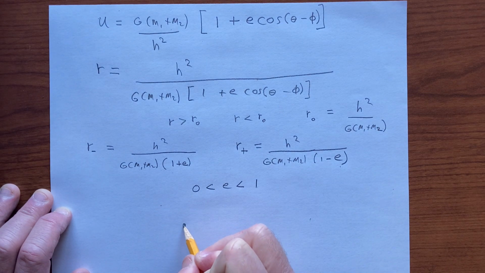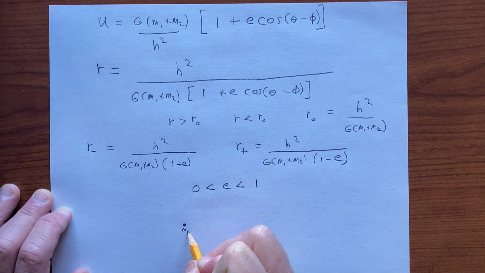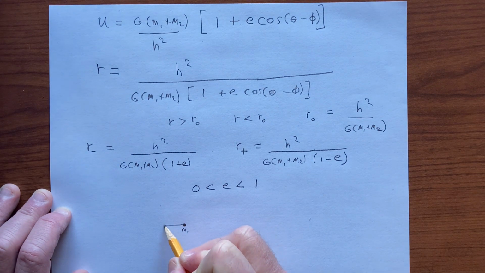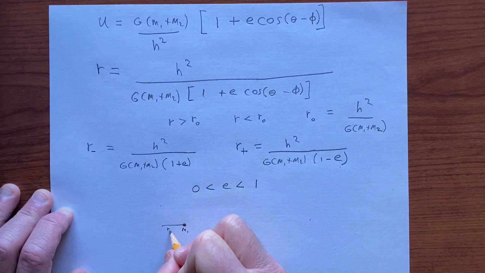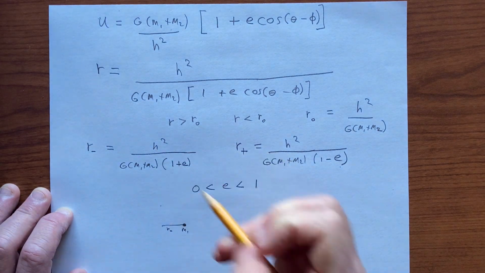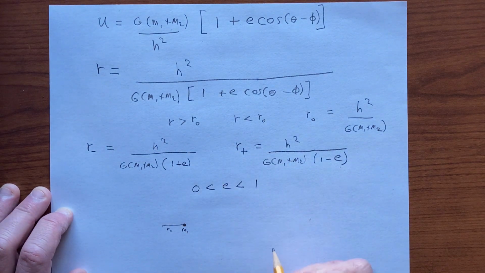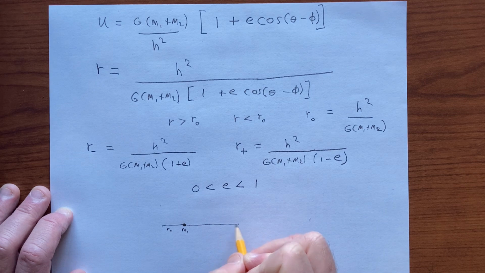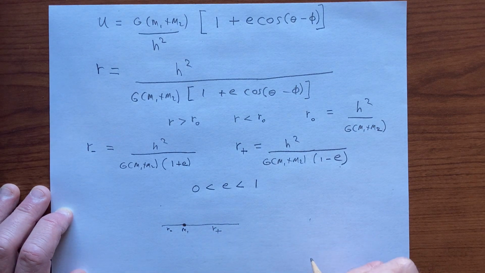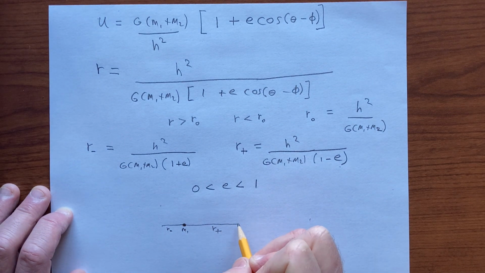So in other words, we have one of these objects here, m1, and then we have m2 can have a value which is what we called r minus, the smallest possible value, and then it can have an r plus, the largest possible value, and then everything in between.